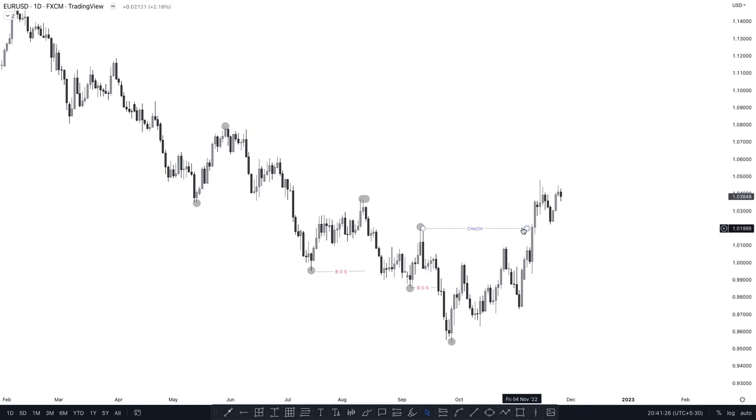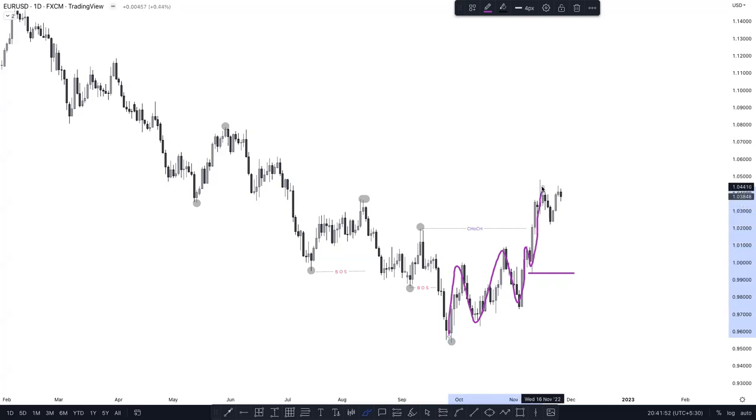Correct. So after the change of character, we are looking here for a pullback. Right now we have only one pullback at this time, only this one. Why? Because the market closed our week. After closing, you need to identify where our first pullback is. Right now you can see the market pushes a higher high like this. This is our small pullback and it goes to a higher high.